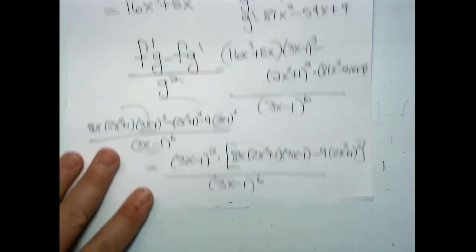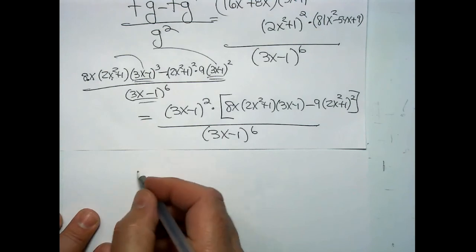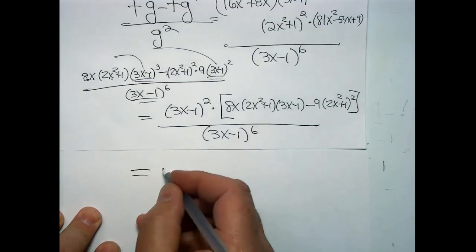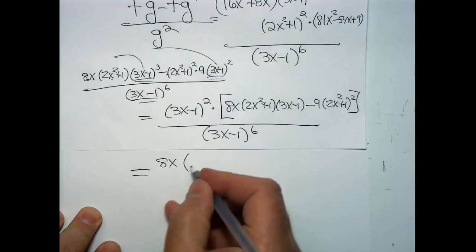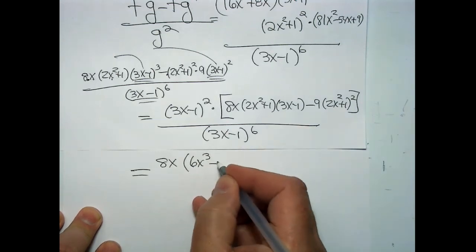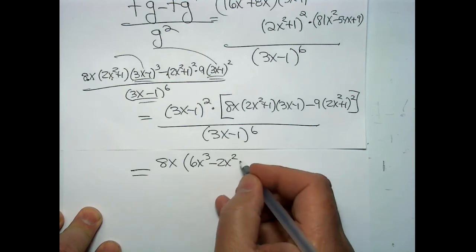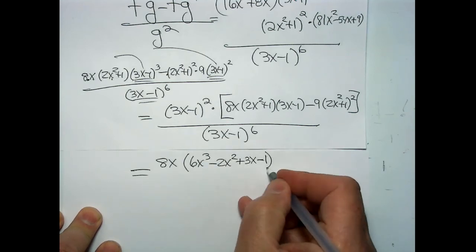So the most important thing to know here is there is definitely going to be some cancellation here. So I'm going to get on top 8x times 6x cubed minus 2x squared plus 3x minus 1. Close that off.